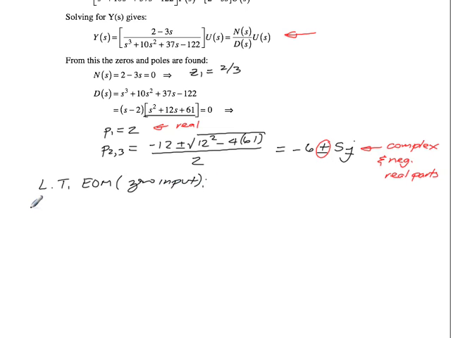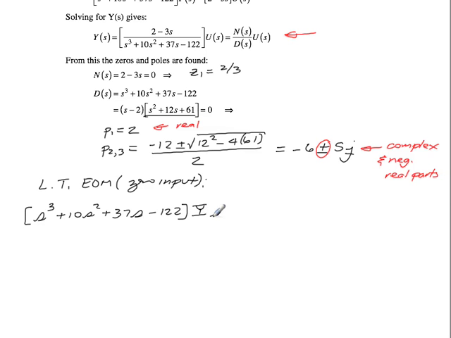So Laplace transforming that equation of motion, my terms involving the transformed response y, there's going to be an s cubed, there will be a 10s squared plus 37s minus 122 times not d but y.